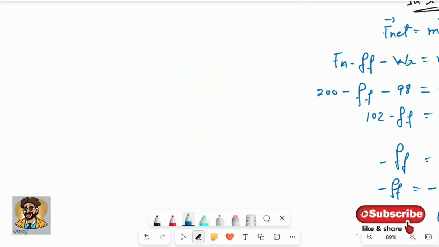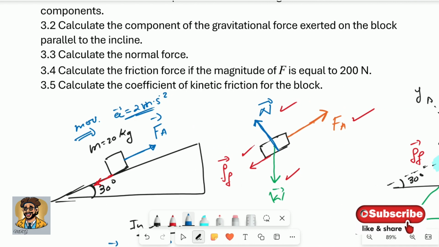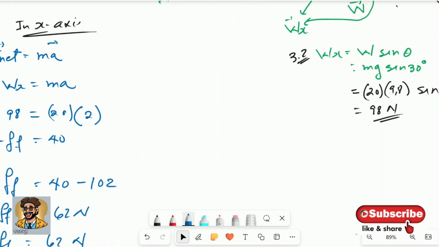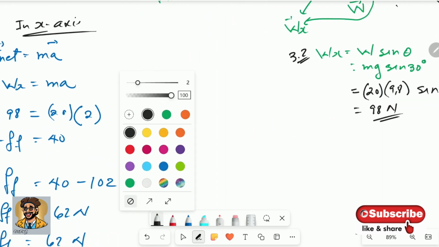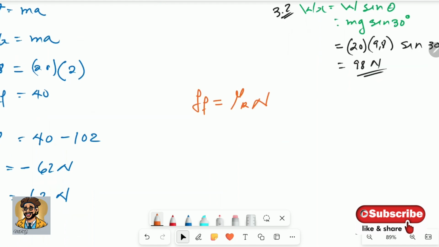And the last question, let me see if I find, there we go. Calculate the coefficient of friction. Now this one is very easy. For the coefficient of friction, let's do it on this side here. Let's maybe just use another color. We have that frictional force is equal to kinetic coefficient of friction multiplied by normal force. Frictional force was calculated, and normal force was also calculated. So we have friction is how much? 62.